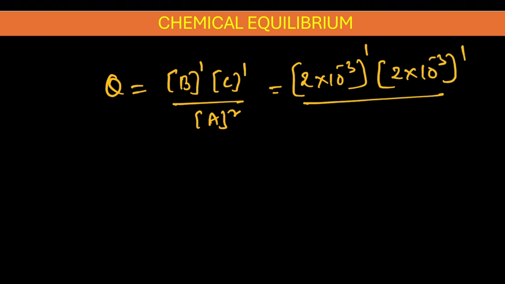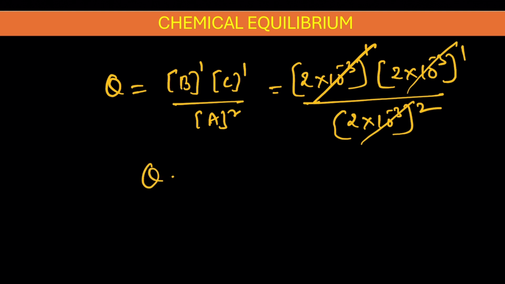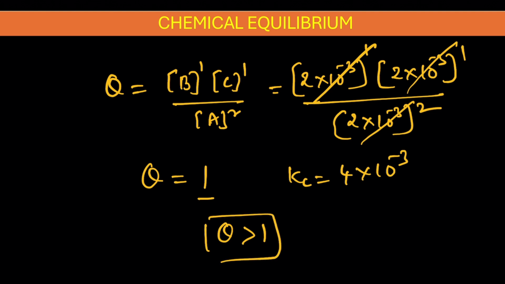Now in the denominator it is 2 into 10 power minus 3 to the power 2. So all of them get cancelled. So now Q becomes equal to 1. What is Kc? Kc is 4 into 10 power minus 3. So Q is far greater than Kc. When Q is greater than Kc, that implies the reaction proceeds in the backward direction.